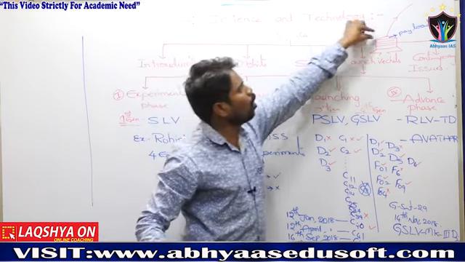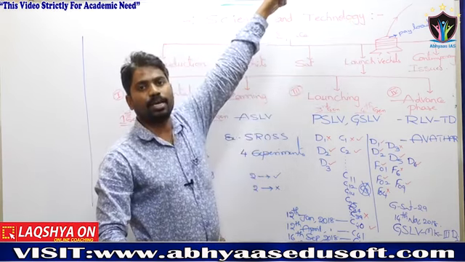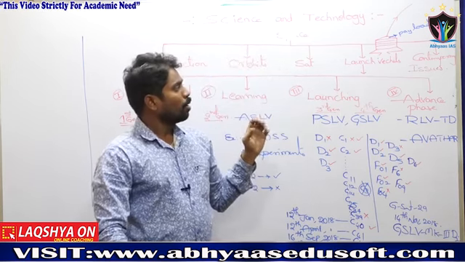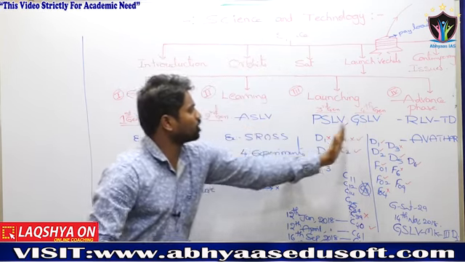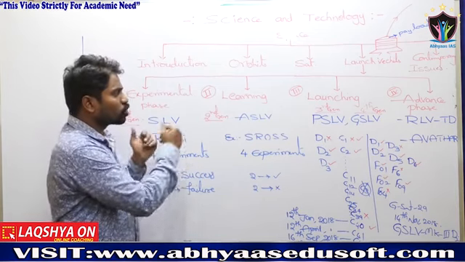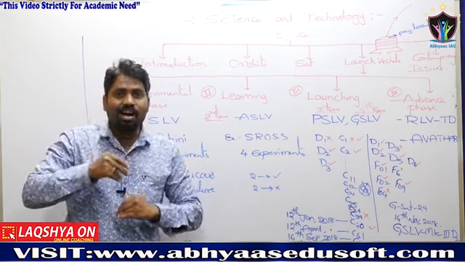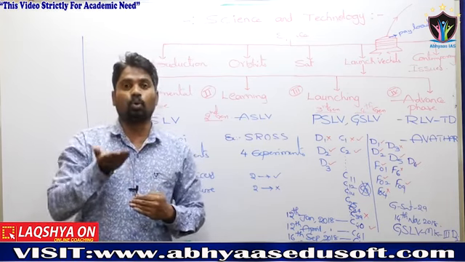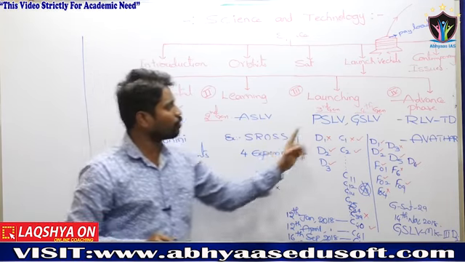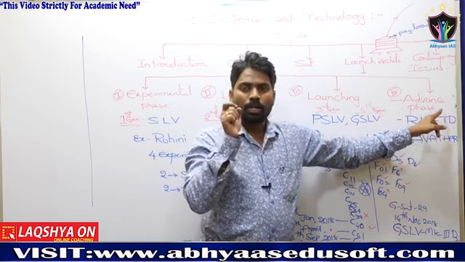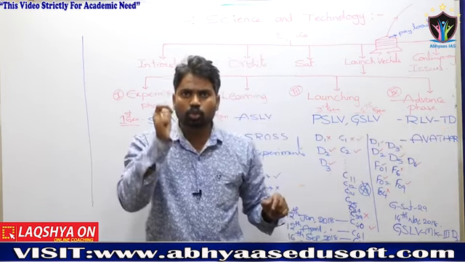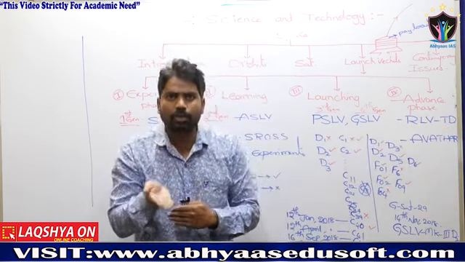Finally, the payload is sent into free space. Up to the 4th generation, the launch vehicle is destroyed. There is no chance to reuse. Now in our advanced phase, the launching vehicles have a chance to be reused.